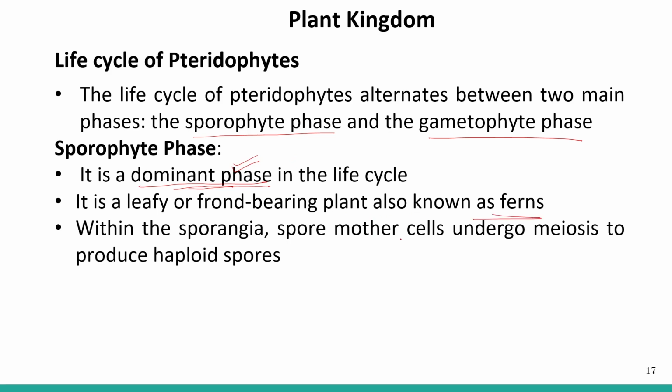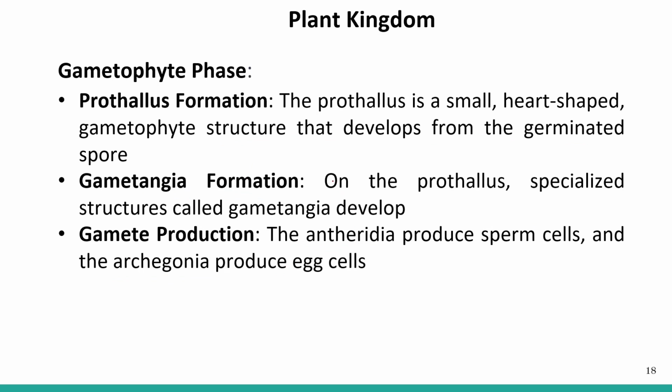Within the sporangia, spore mother cells undergo meiosis to produce haploid spores. We have seen that inside the sporangia, spore mother cells, special cells, undergo reduction division or meiosis and produce spores.